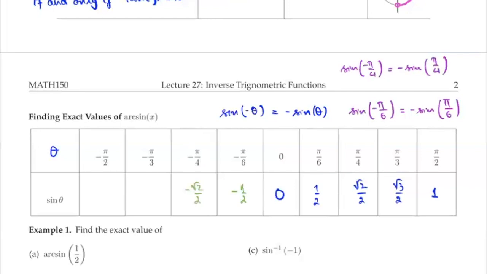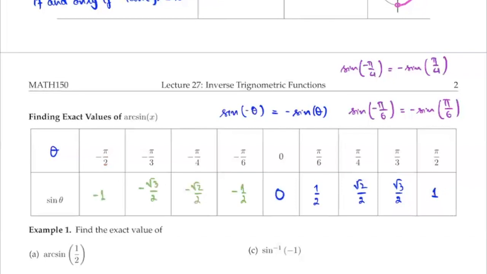And we're going to fill out sine of negative pi over 3, which should be negative root 3 over 2. And sine of negative pi over 2 is equal to negative 1.